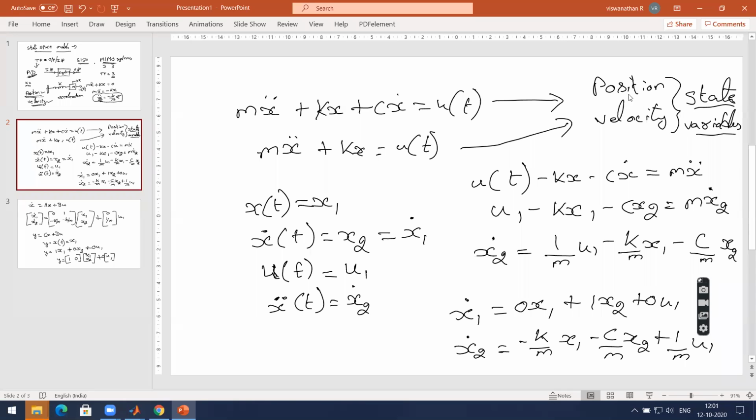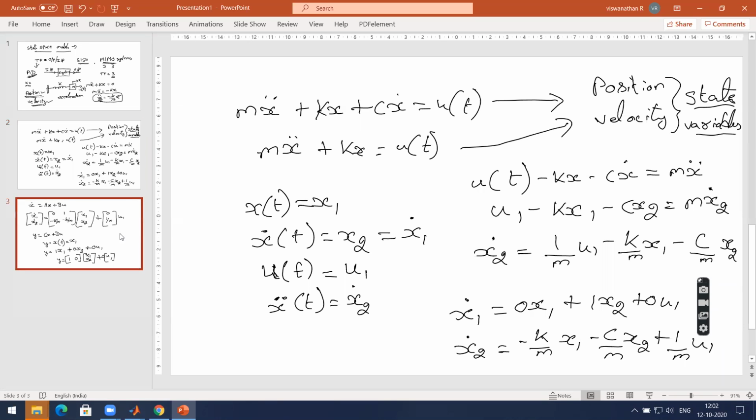If you know position and velocity, you can find out acceleration. But if you know only position and there is any initial velocity, you will not be able to find it out. If the initial velocity wasn't there, then with only position you can calculate velocity and acceleration. But if you have a damper, then velocity is required. So position and velocity are a must. You can leave out acceleration, as you can calculate it later from this data.